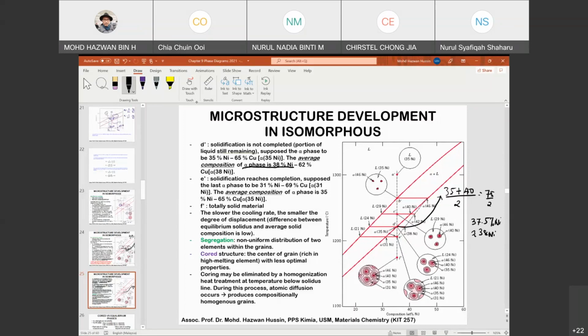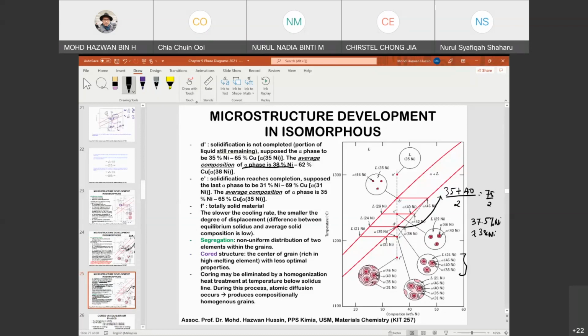And if you look at the microstructure, you will see that the microstructure will form the center grain 46, the first layer 40, and then the second layer 35. Okay, because you read it from the solidus line. But the actual composition, this is actually the microstructure.